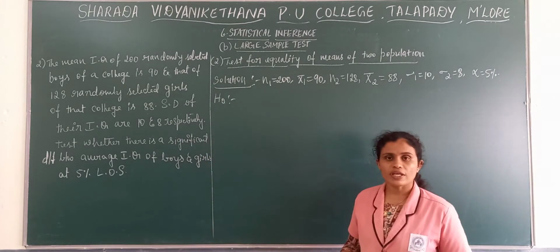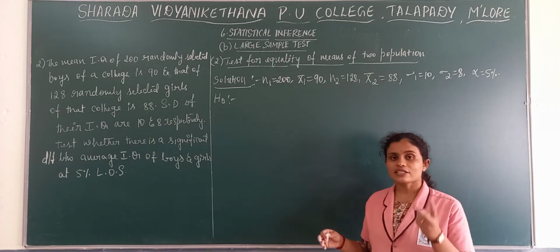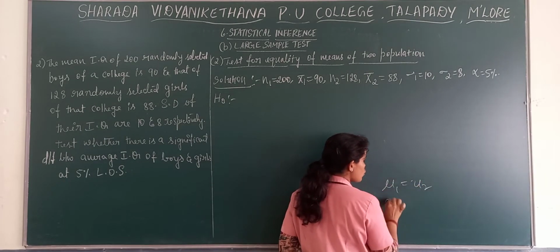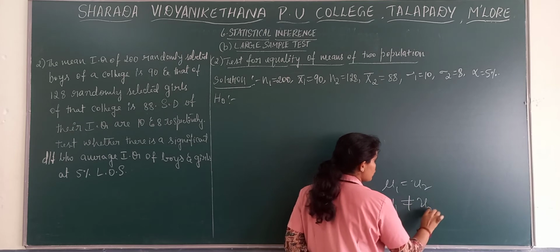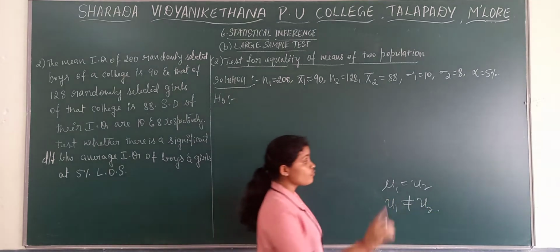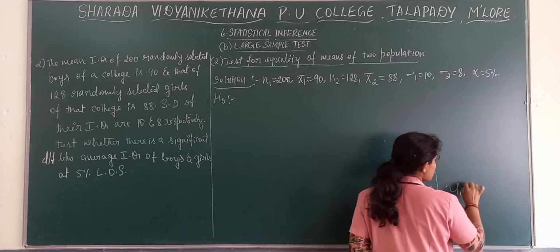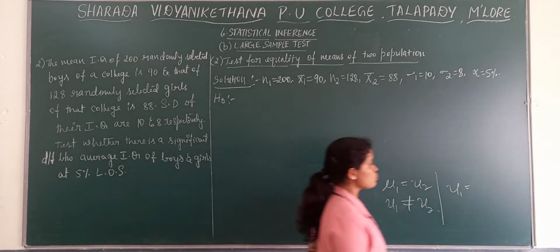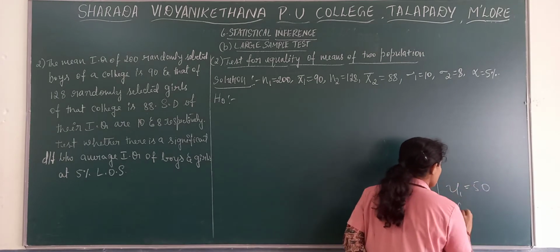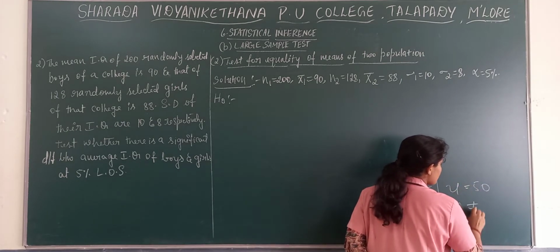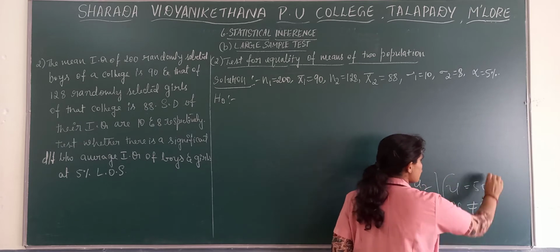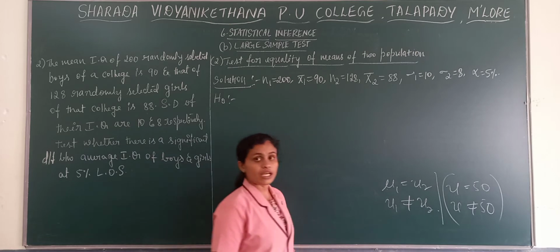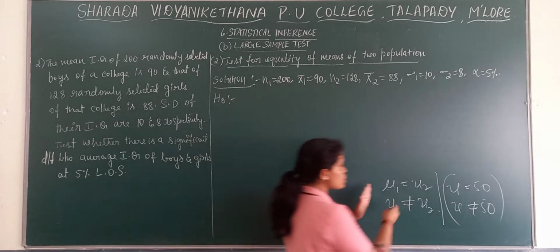The hypothesis: mu1 is equal to mu2. Since here there are two populations, we take mu1 equal to mu2 or mu1 not equal to mu2. In the first application, we took mu equal to 50 or mu not equal to 50, the value they had given us to test. But here we have two populations, so we conduct the test based on these two.